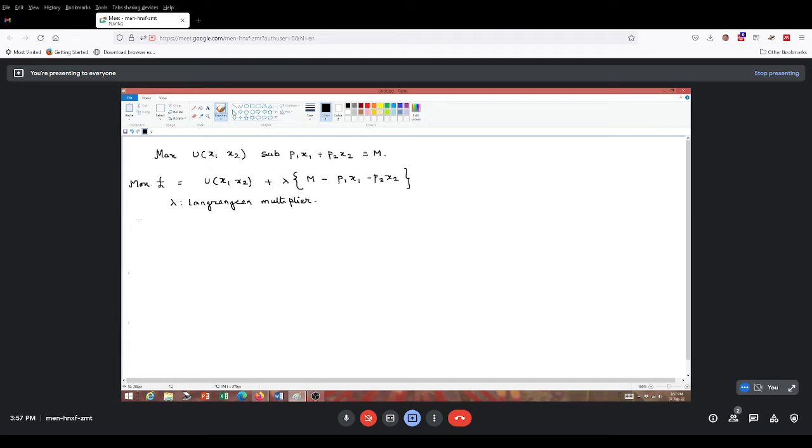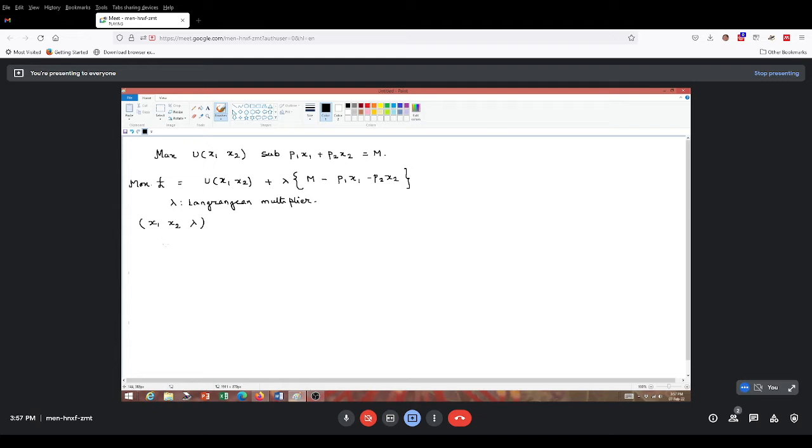So this function has to be maximized, and in this form it's no longer a constraint maximization, it's simply a case of maximization with multiple variables. And what are the variables that have to be chosen in order to maximize the function? We have three variables, X1, X2, and lambda. X1 and X2 are the choice variables, but lambda is also treated as a choice variable.